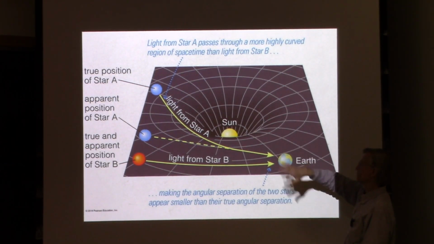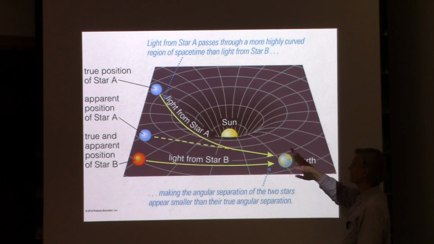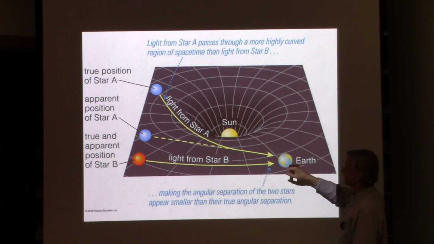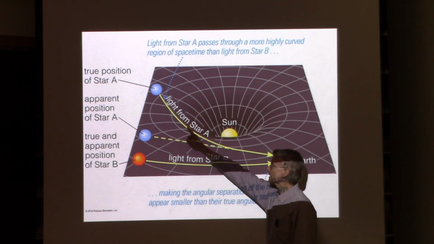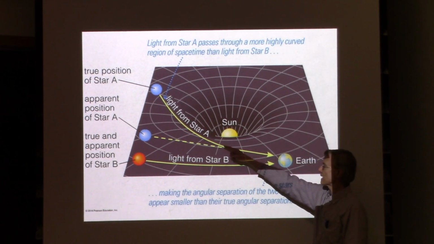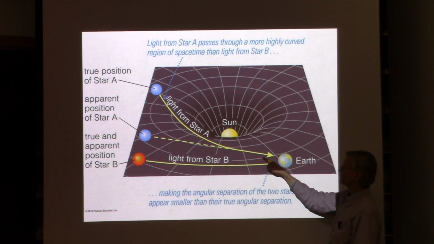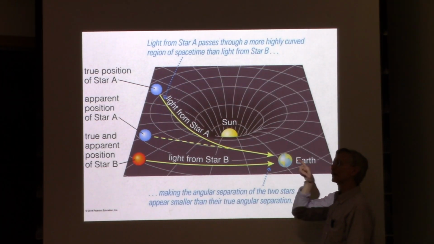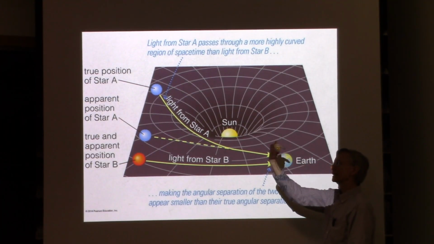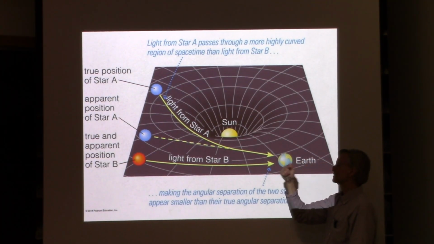But because of the curvature of space-time induced by the sun's mass and energy, but mostly mass, light from star A, which passes closer to the sun, has its path curve more than light from star B. And where we see a star is along the direction that the light comes to us when it finally reaches us.